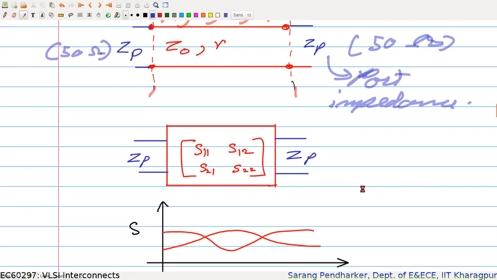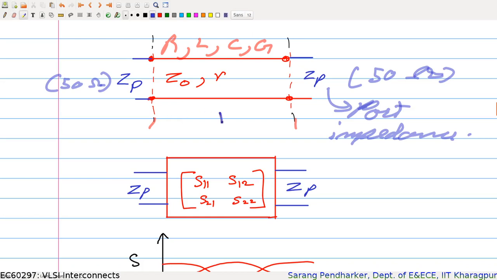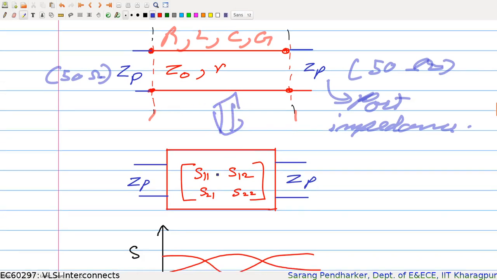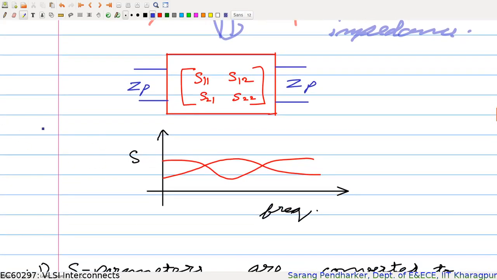So once we measure this and model it with an RF network, we get the S parameters. Your VNA will give you these S parameters.